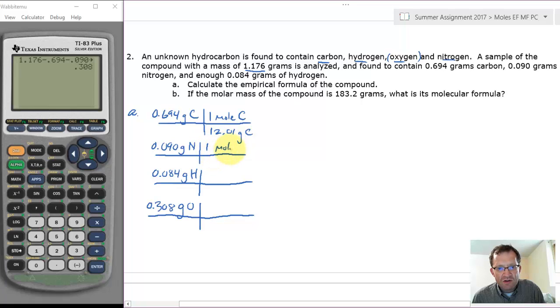Nitrogen, we didn't use in the last problem, but it's listed as 14.01 grams, I believe. Just double check that real quick. Yes. Hydrogen is listed as 1 mole is 1.008 grams. And oxygen is still 16, one that we're going to use quite often.